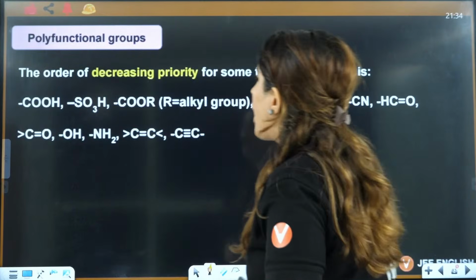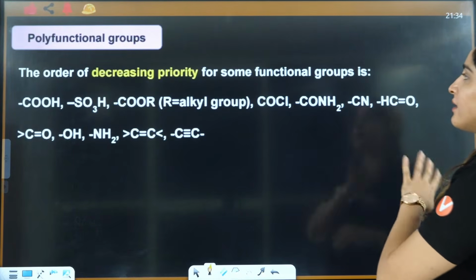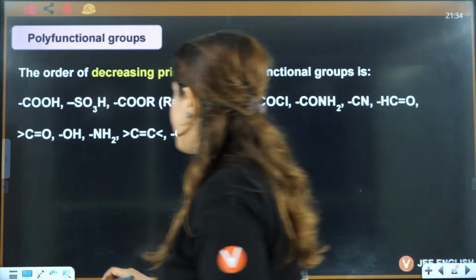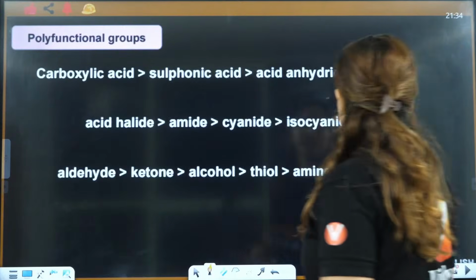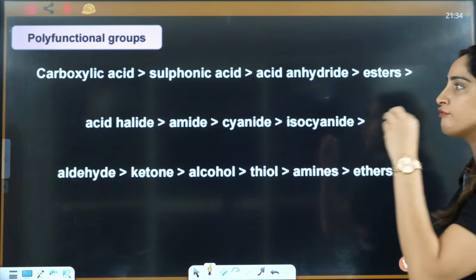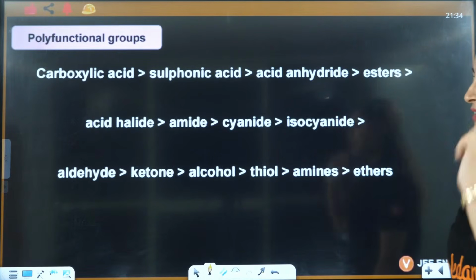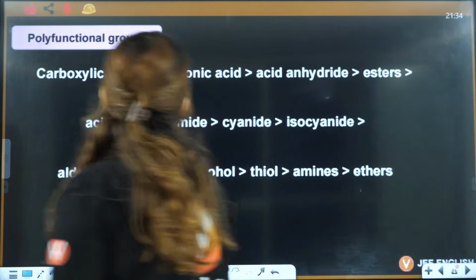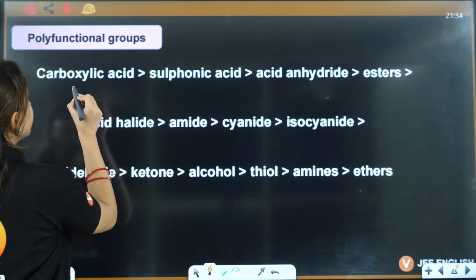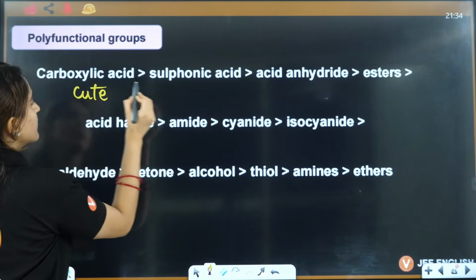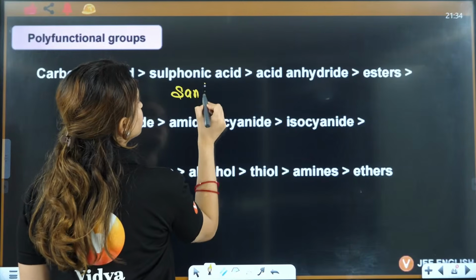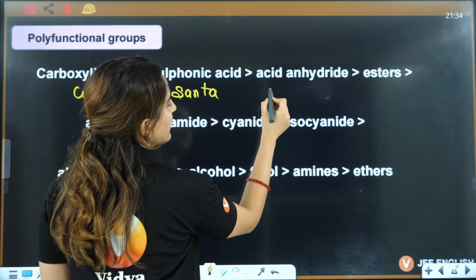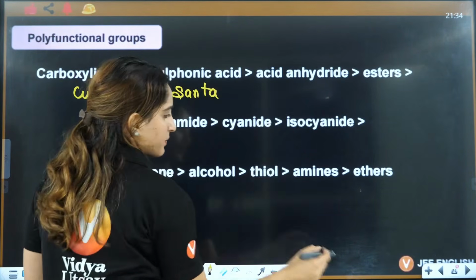The order of decreasing priority for the functional groups will be written, and let's understand this with the help of a trick. Wait a minute, what was it?